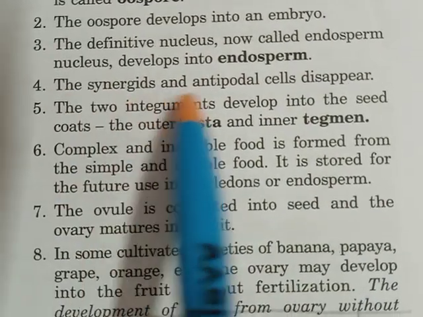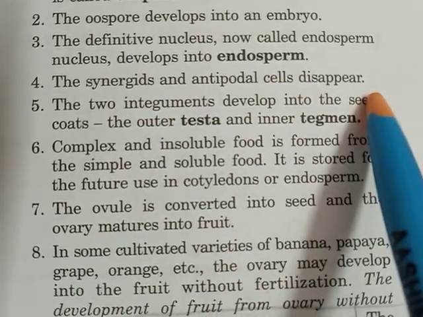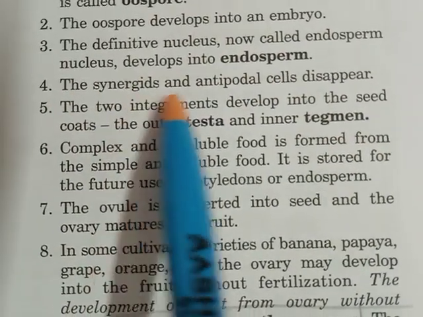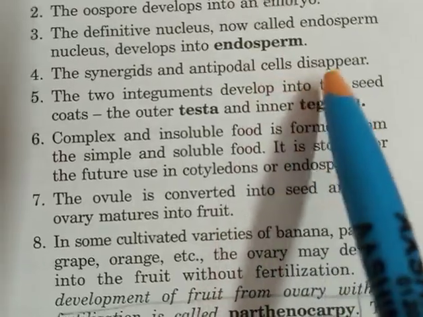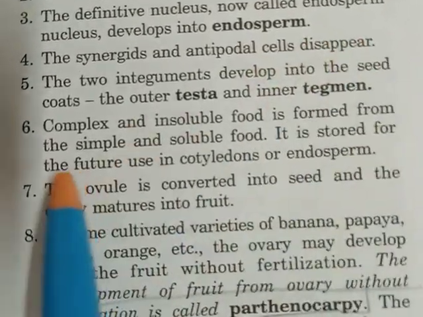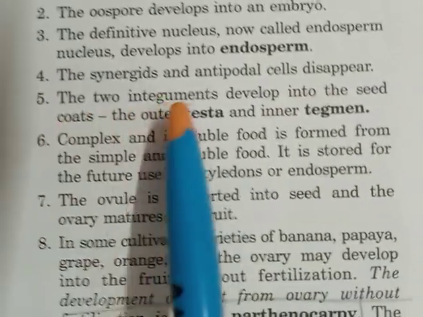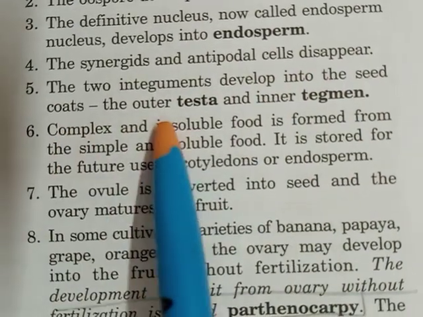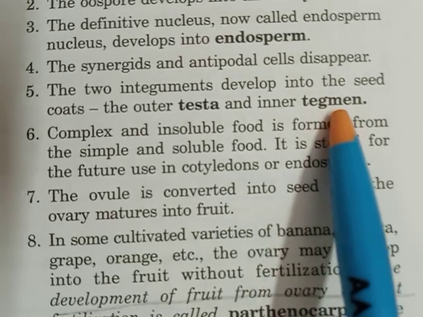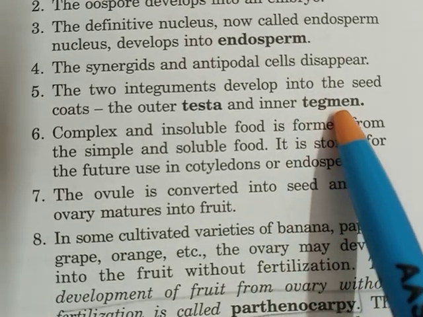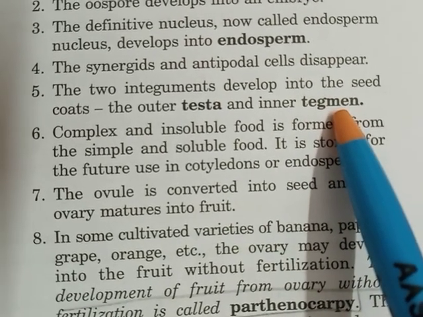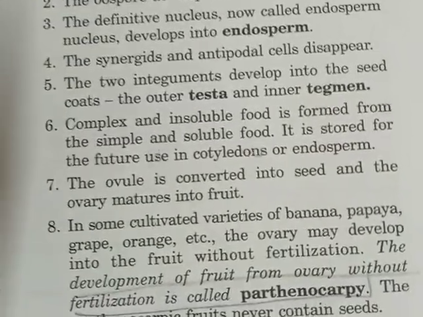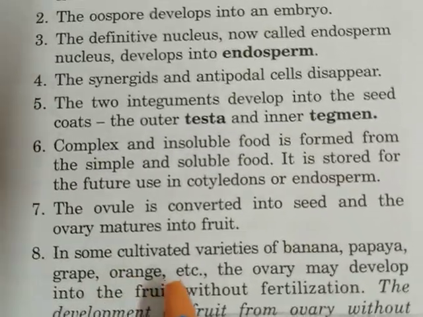The synergids and the antipodal cells disappear. That means after fertilization, the synergids and the antipodal cells vanish or disappear. The two integuments develop into the seed coats, the outer testa and the inner tegmen. In the structure of the ovule, we have seen that the ovule is surrounded by two layers, and these layers are known as the integuments.